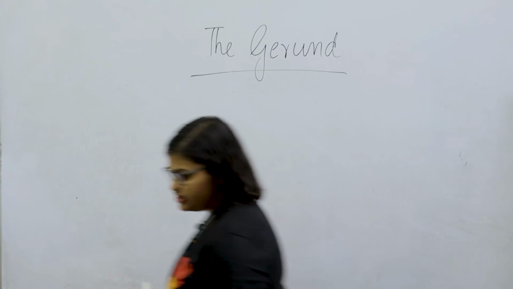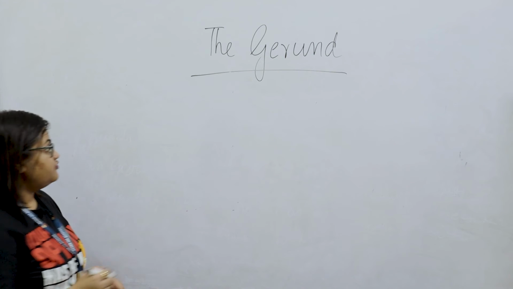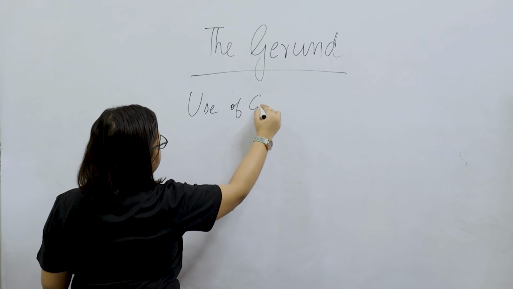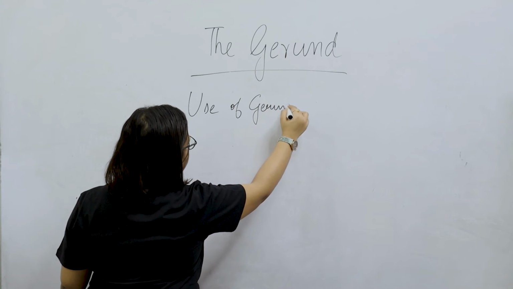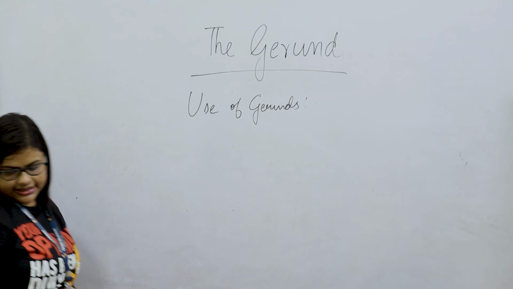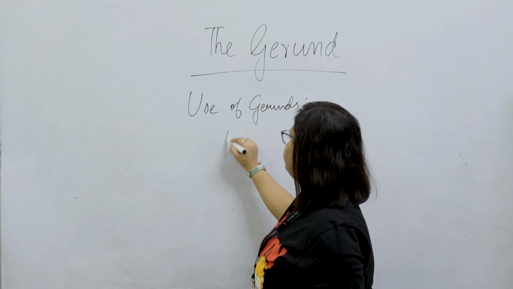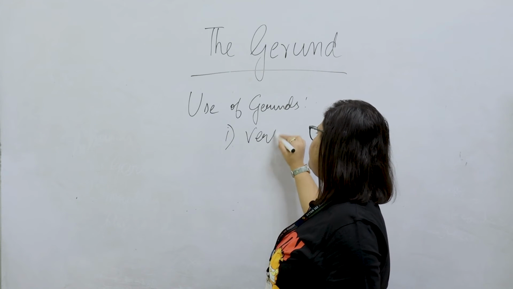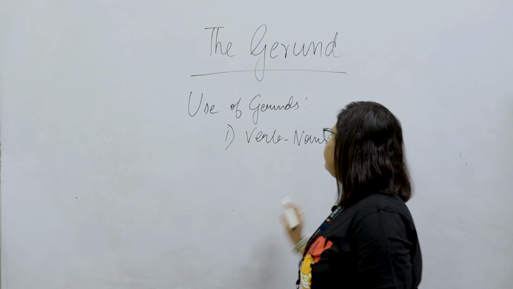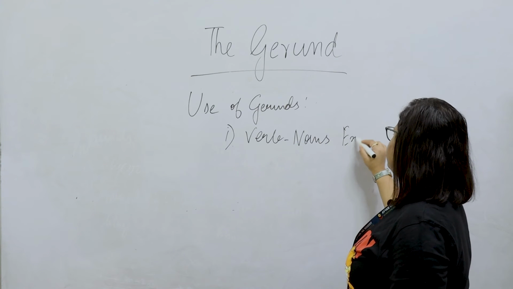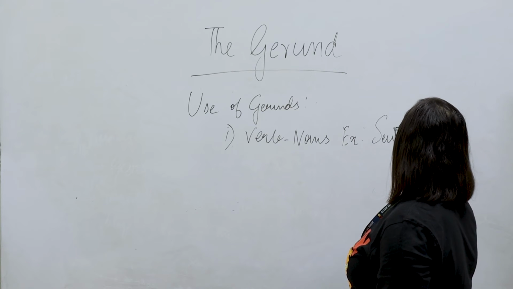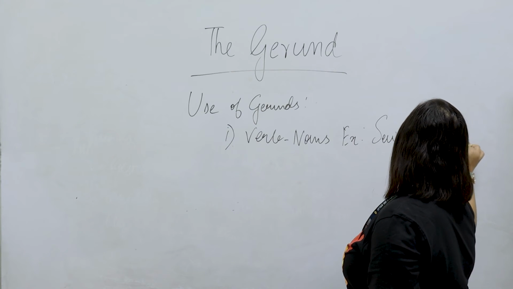Now we'll look at the uses of gerunds. We have learnt about them certainly, but just to sum them up, how are gerunds used in our sentences? The first, as I said, they are used as verb nouns. That is the primary utility of gerund, an example of which is, seeing is believing.